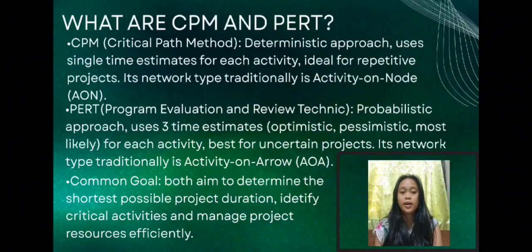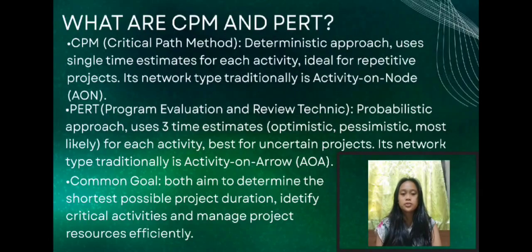PERT is best suited for uncertain or one-time projects. The network diagram type used in PERT is Activity on Arrow, or AOA.